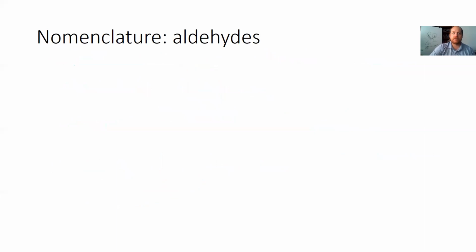Aldehydes, and so aldehydes have this R bonded to a carbonyl carbon, where that carbonyl carbon is bonded to a hydrogen. Now, the simplest of them is one that you really should know, just if nothing else based on trivia, right? Which is, and you may have heard of this, especially if you've ever dealt with biological samples that have been preserved, right?